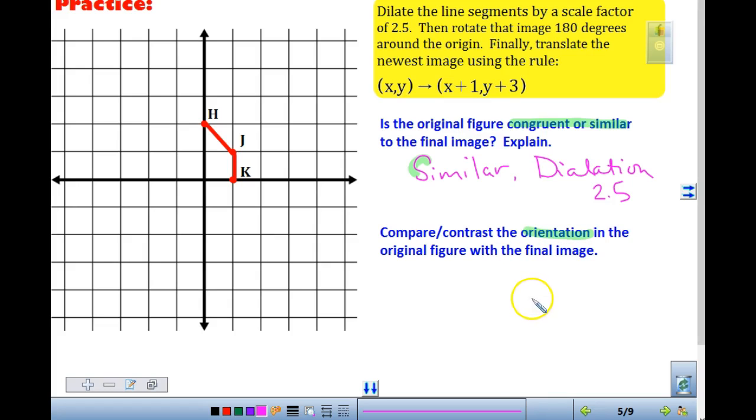If we were going to talk about the orientation, what did you guys say as you were talking about it, Adam? I don't know. We didn't talk. I know you didn't. I need you to talk right now. Orientation: we did a dilation, 180, and a translate. What do we know about its orientation? When's the only time it changes? We dilated? I don't know. What do you think?